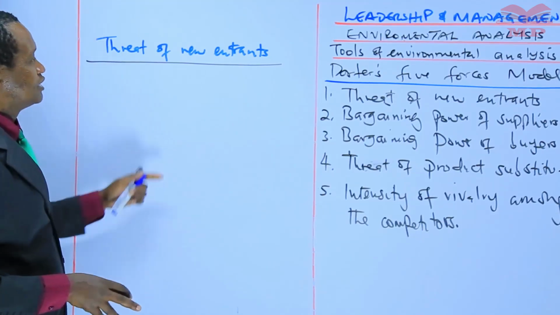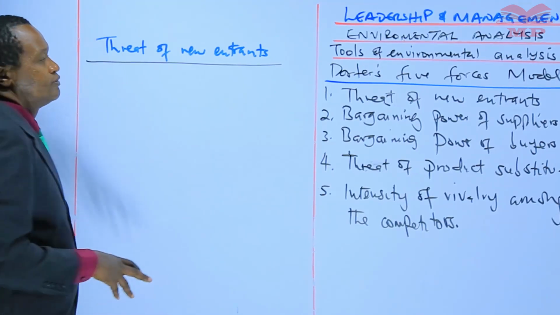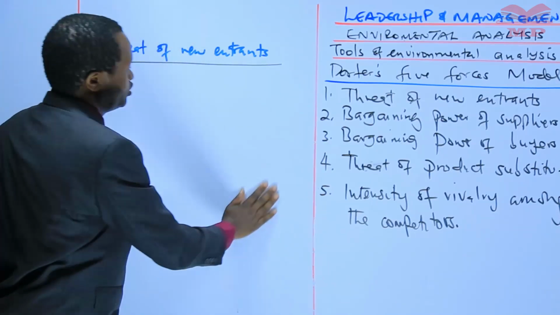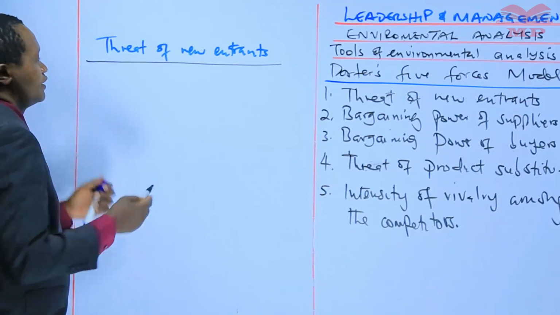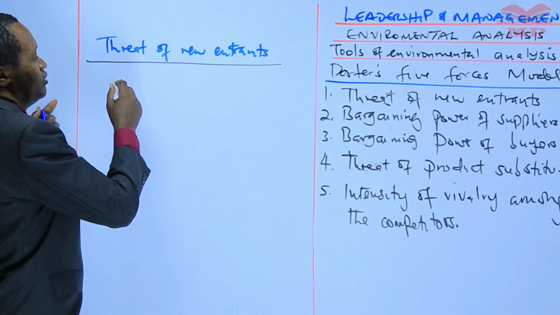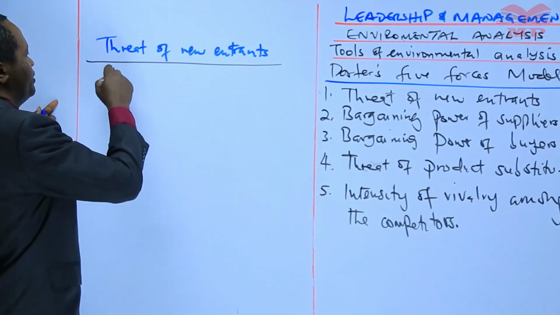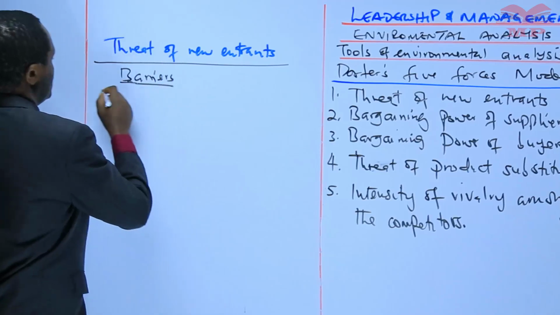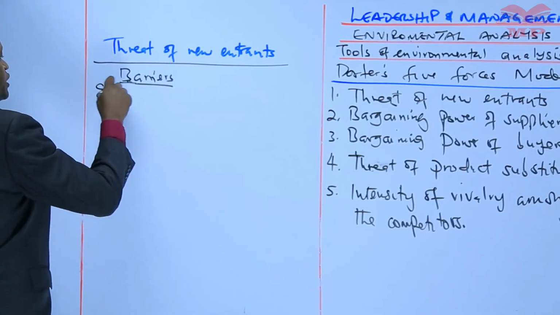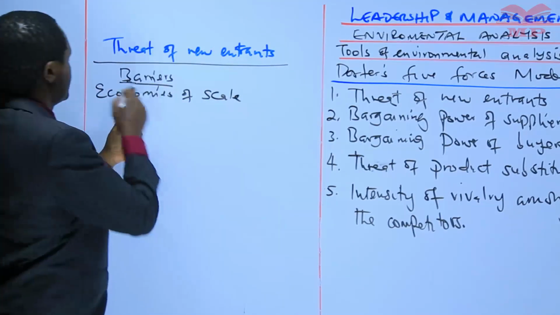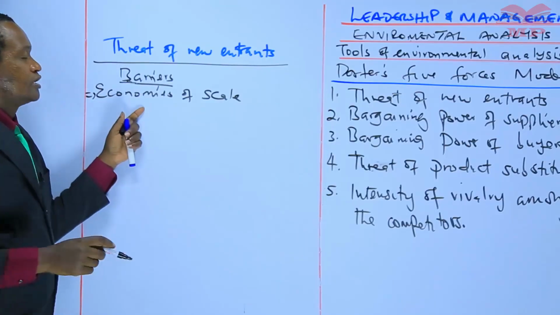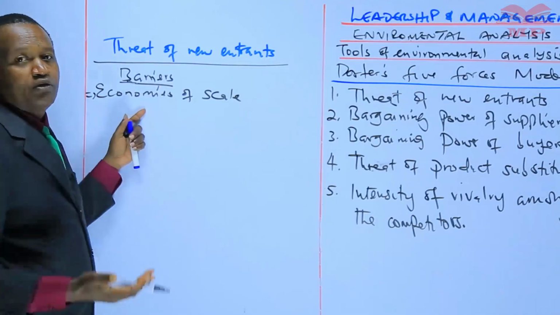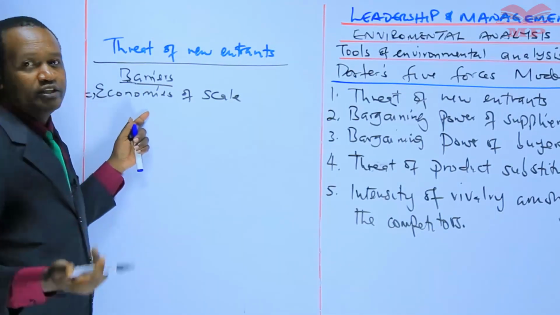So we're going to look at some of the entry barriers. Economies of scale can be an example of a possible barrier to entry.